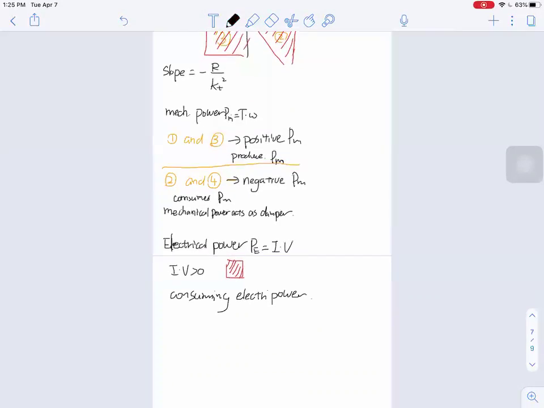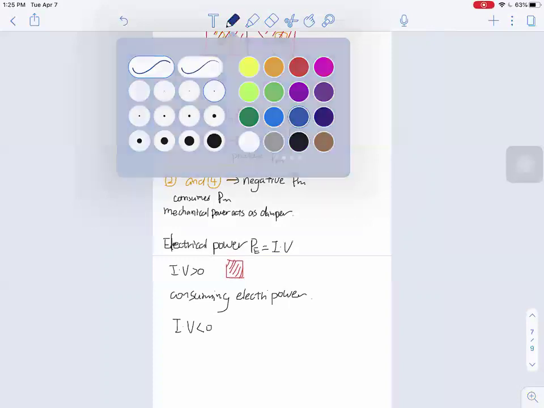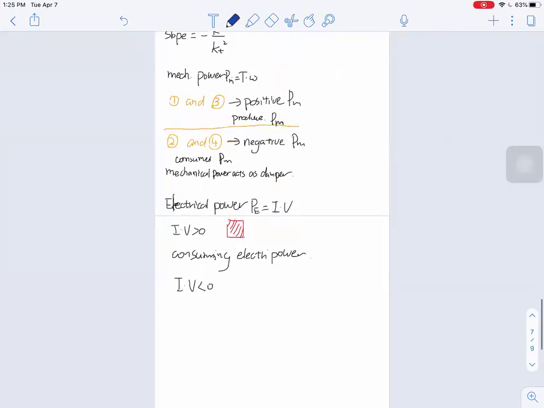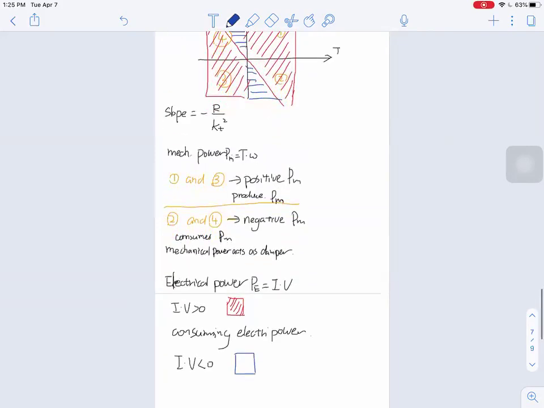And where is our negative electric power region? Use a different color. Use blue. That would be the region here. What does it mean when we have negative electric power? That means we're producing electric power.